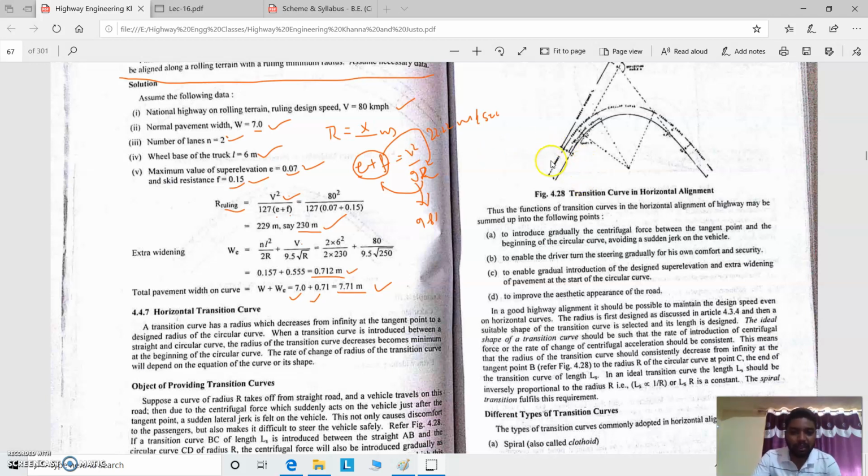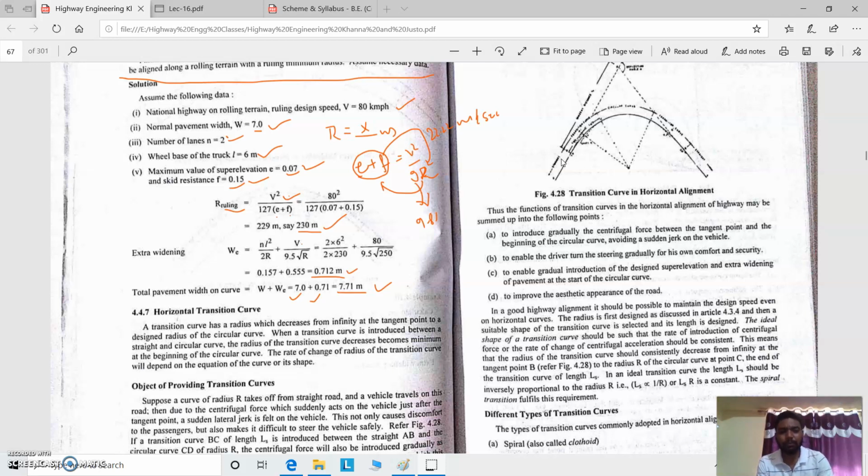So the rate of change of radius of a transition curve will depend on certain equations. There are certain shapes, right? So based on this shape and the equation, the objective of providing this transition curve may be understood.